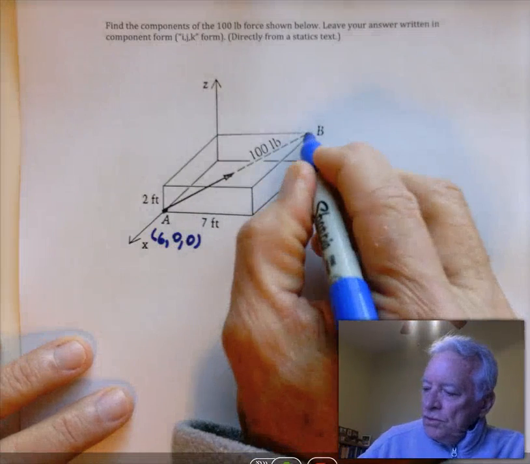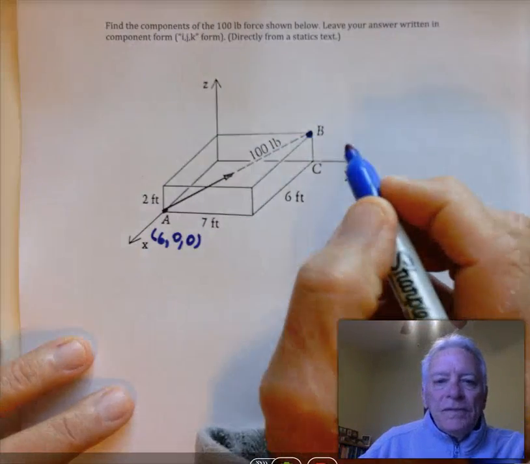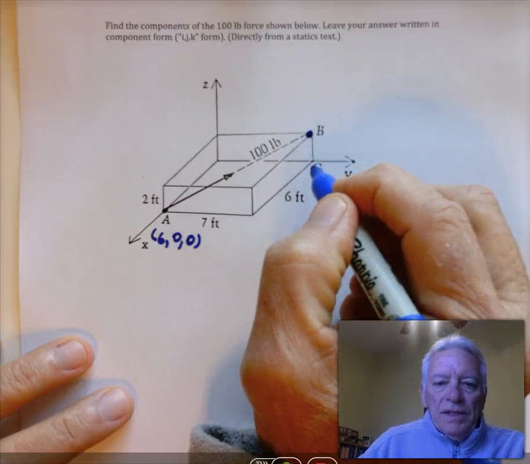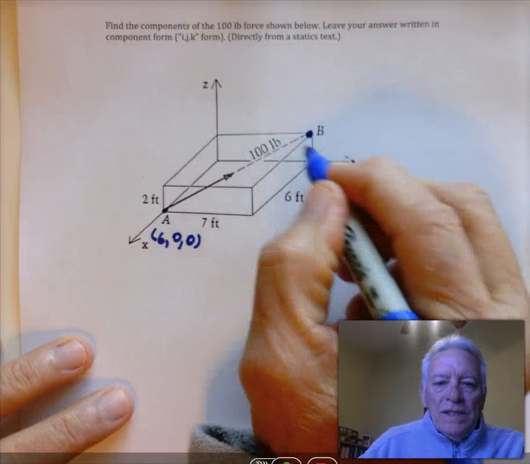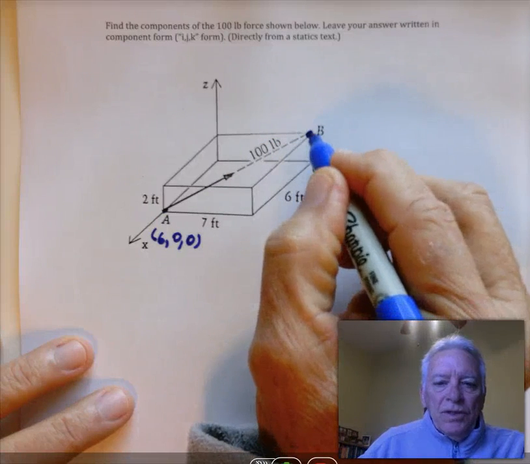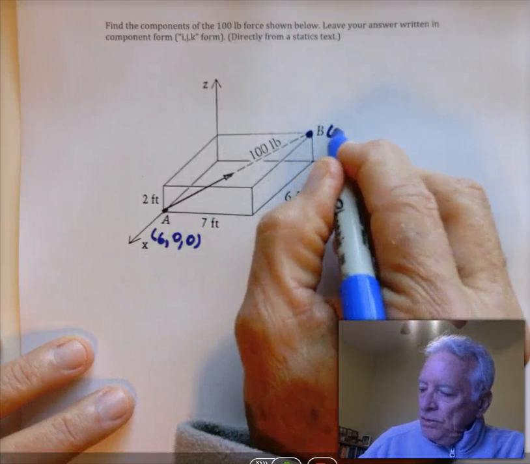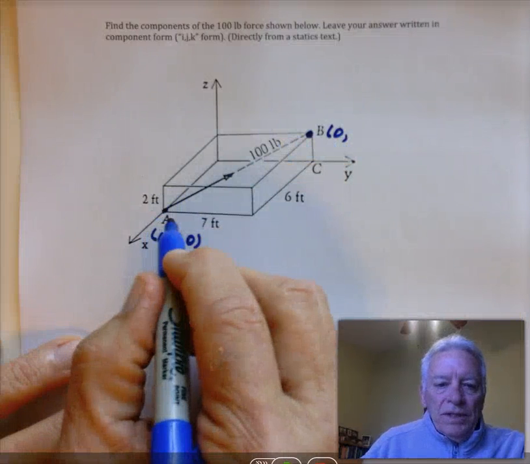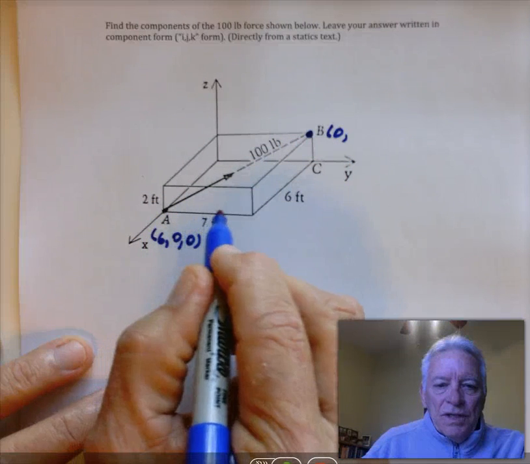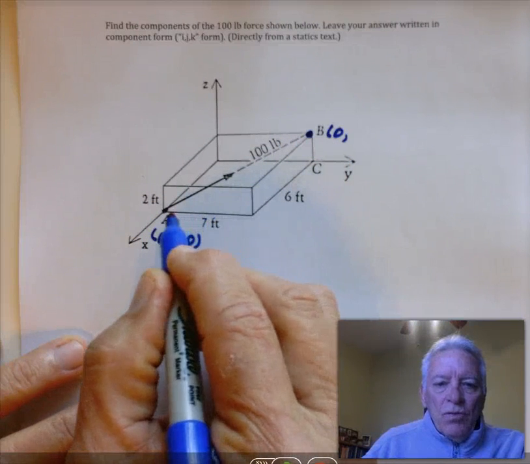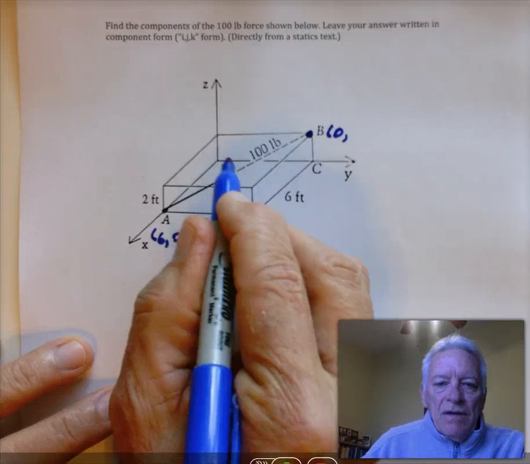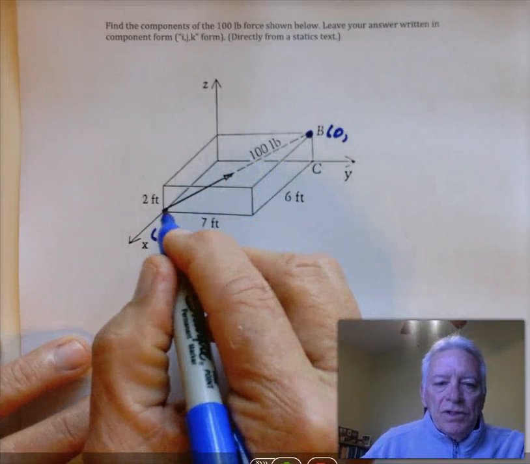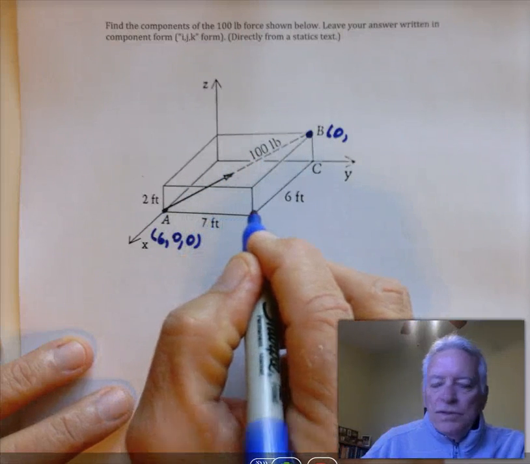Now, to get the coordinates of point B, we want to do the same thing. Point B is on the YZ plane, and so the x-coordinate of point B would be 0. For the y-coordinate of point B, and this is what I was almost making a mistake on before, you have to ask how far along the y-axis do you go, and that would be 7, and you can see that down at the base of the sketch.